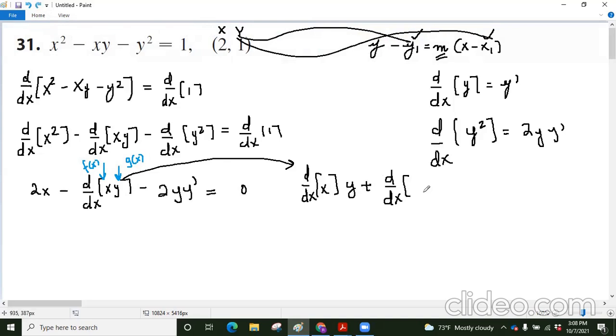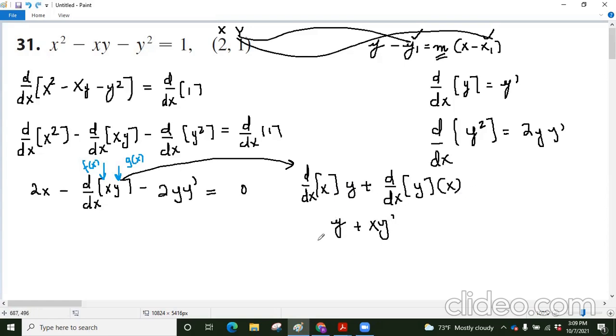In this case our g is y, and then we're multiplying by x. So the derivative of x is 1, and 1 times y is just y, plus y prime x, correct? Because the derivative of y is y prime, multiplied by x, it's y prime x.